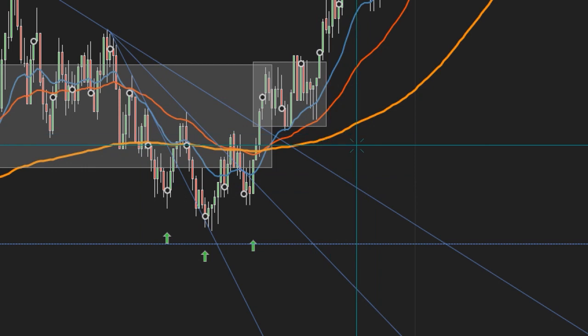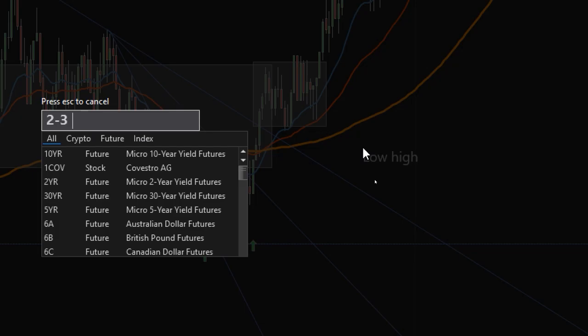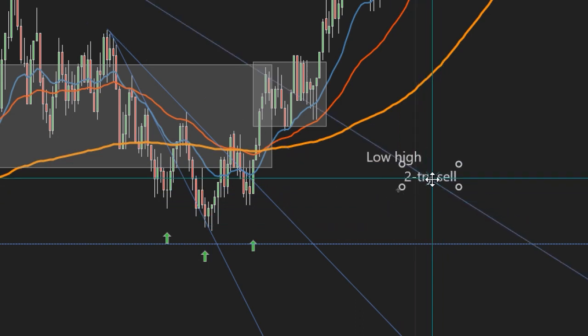What do we see here? Number one, we see a lower high. Okay, two, we see at least 2 to 3 tries to sell. We see 2 tries to sell, so it's trying to sell at a lower high, right?